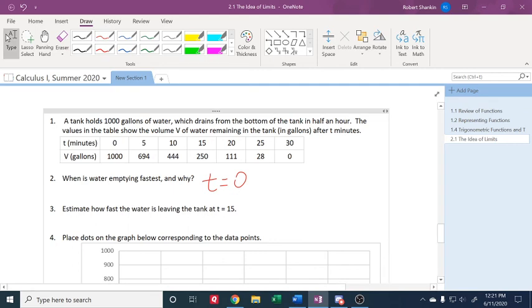Okay. Now, number 3. Estimate how fast the water is leaving the tank at t equals 15. Now this one you really have to think about. So I'm going to give you a couple minutes to really ponder that and then discuss that in your group, and I'll call on a group in a couple minutes.